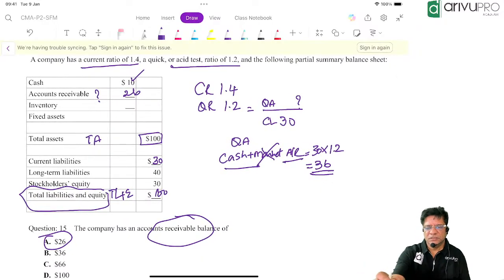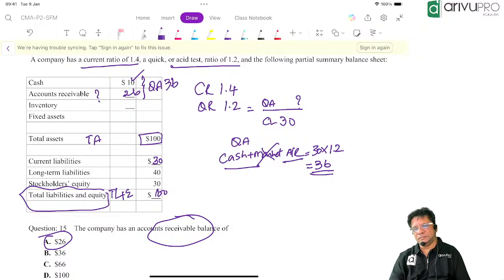So this is the total quick assets, 36. Are you all getting it?